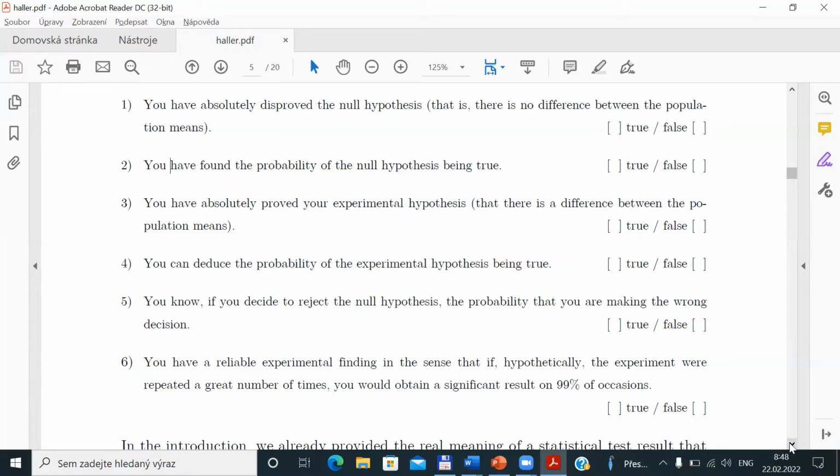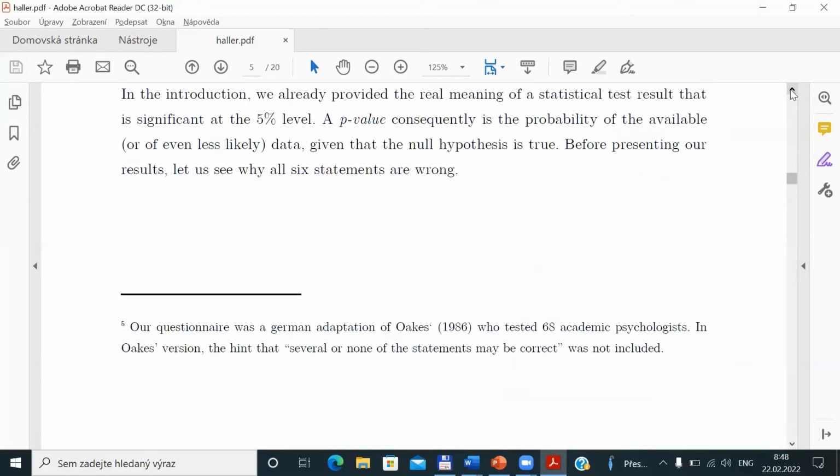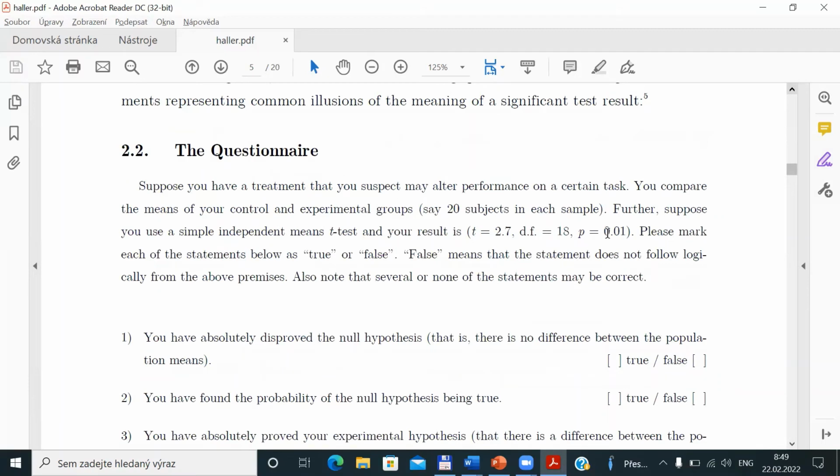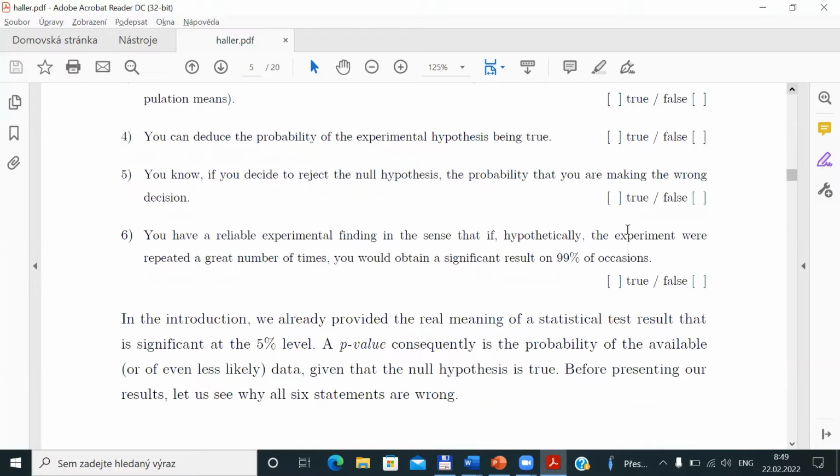I would go to the 6th statement, which is also maybe tricky, but quite easy to explain. Here it is written that if your p-value is 0.01, so 1% level, then you have a reliable experimental finding in the sense that if you repeatedly took such an experiment, you would obtain a statistically significant result with low p-value in 99% of cases.